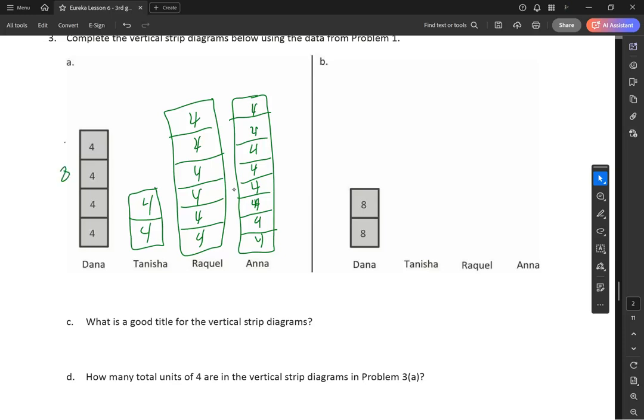So it's 4, 8 for the first, then 4, 8, 12, 16, 20, 24, and then for Anna, oops, all right, 4, 8, 12, 16, 20, 24, 28, 32.